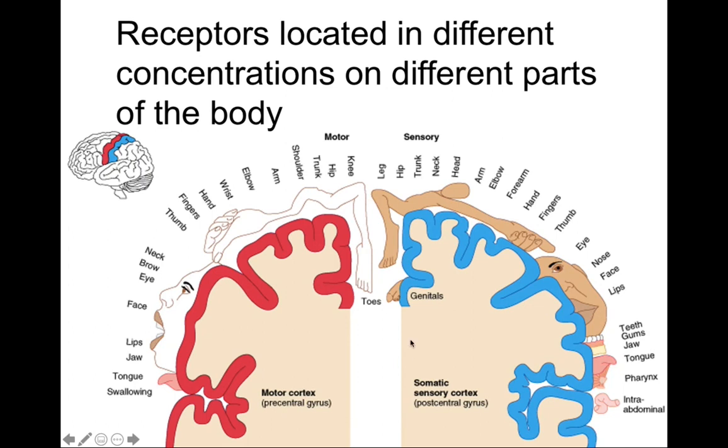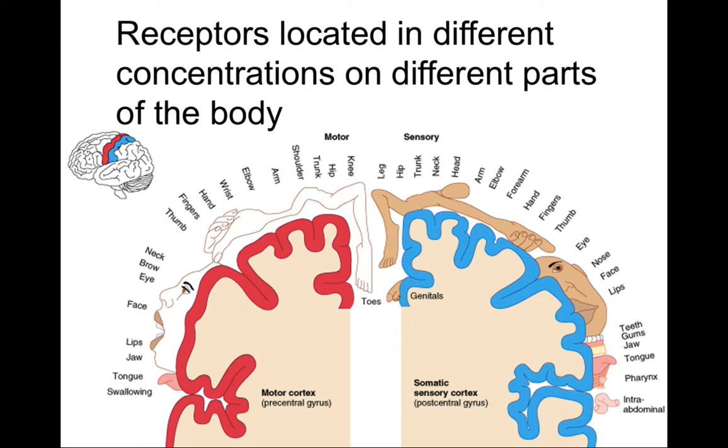So now that you can see where each part of the body gets its motor innervation and sensation from, I also want to note that the hands and the face are taking up a very, very large amount of the surface area of the brain. And the reason that we are depicting the brain this way is because of the statement shown up here. There are receptors that are located in different concentrations throughout different parts of the body.